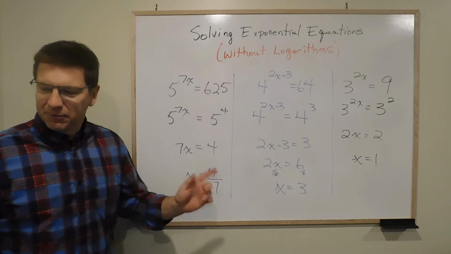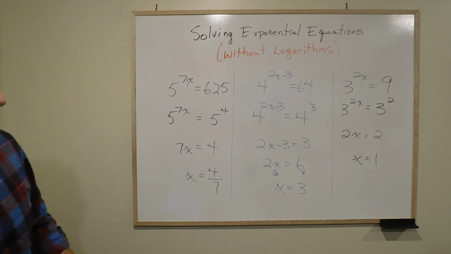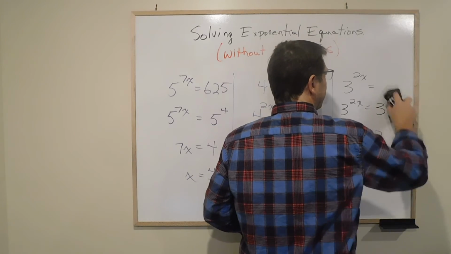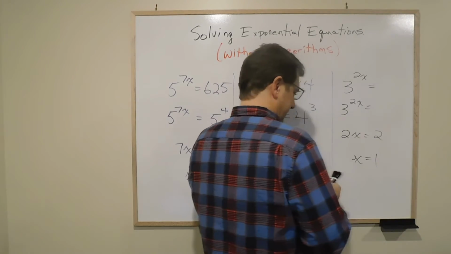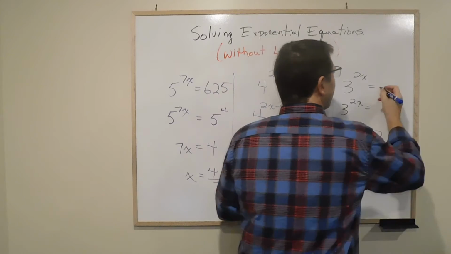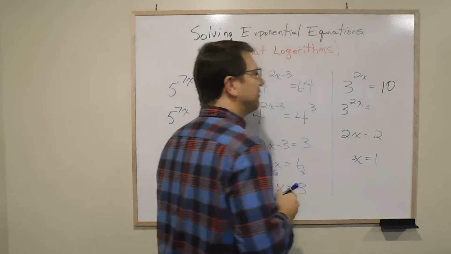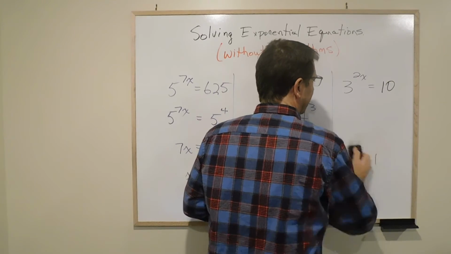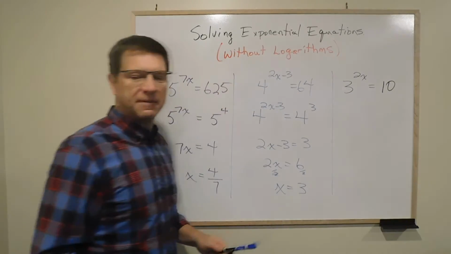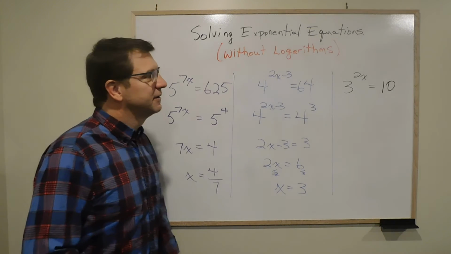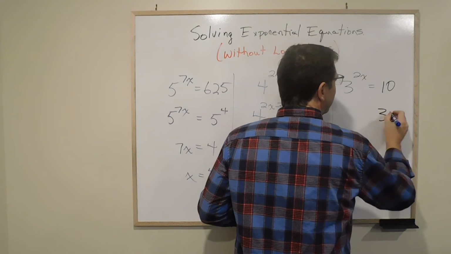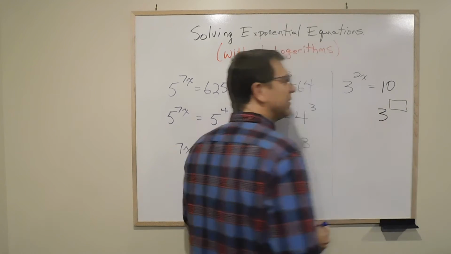Okay. Now, before I leave this, I'm going to go back to this one. What happens if that's a 10? Okay. What if I've changed that to a 10? Well, the problem is, how do I get this as 3 to some exponent?